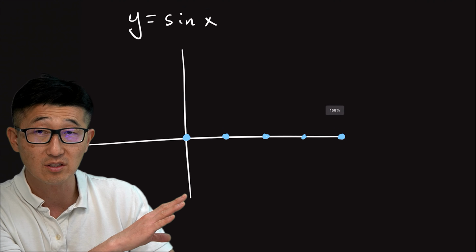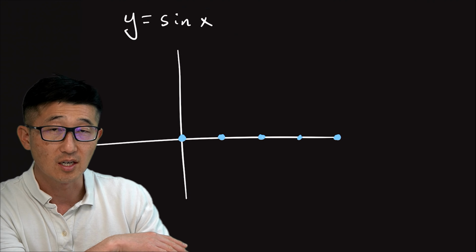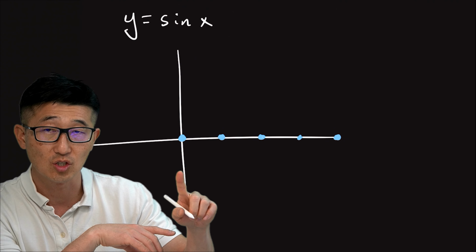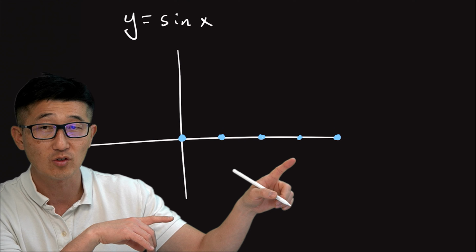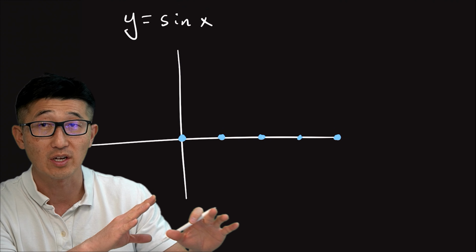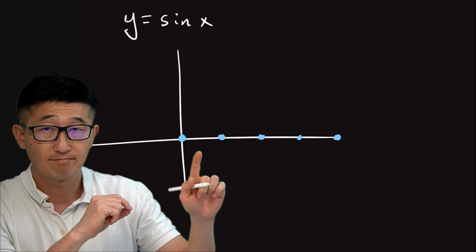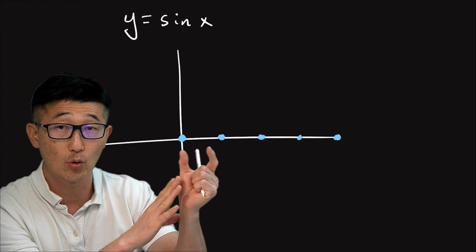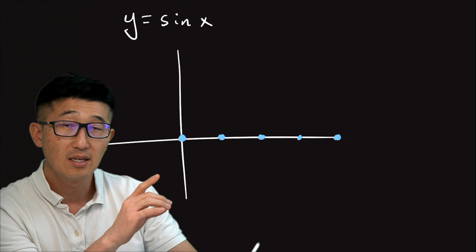We'll fill out the numbers later. Some teachers always use the ideal numbers like 0, pi over 2, pi, 3 pi over 2, and 2 pi, but you don't need to do that right now. Just always think of it as 5 dots with 4 segments.